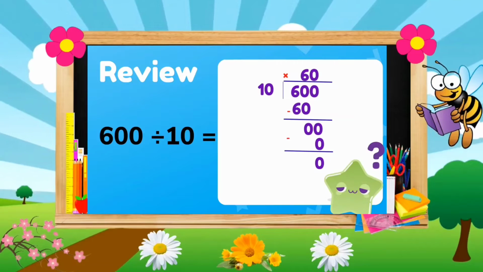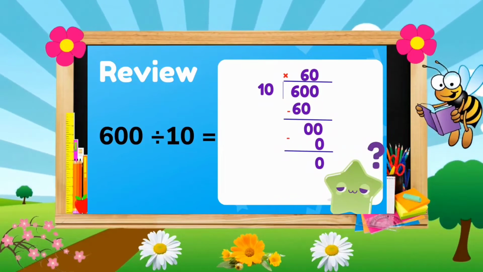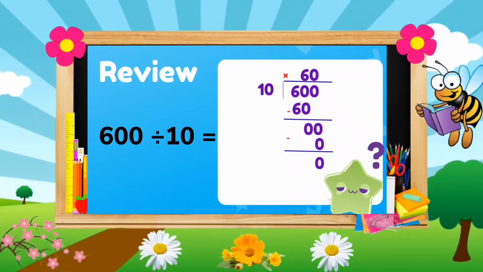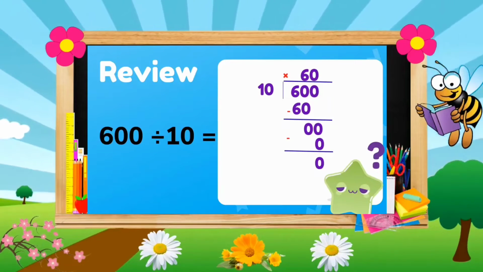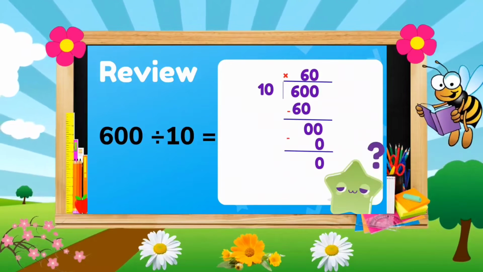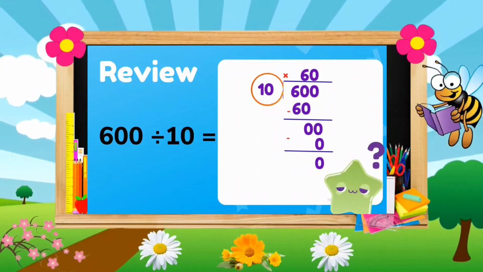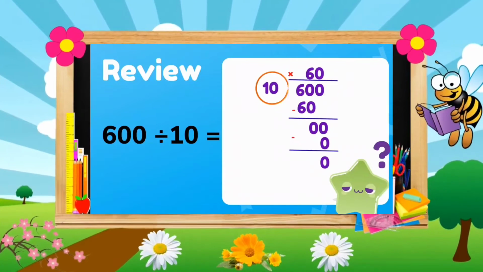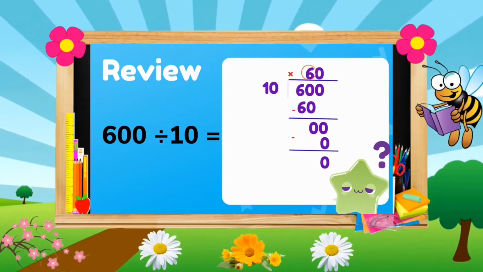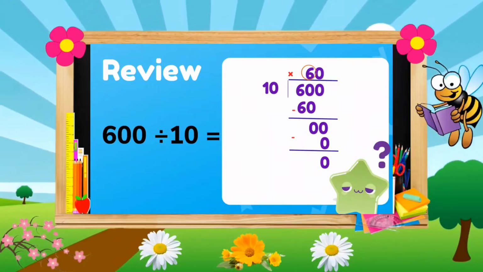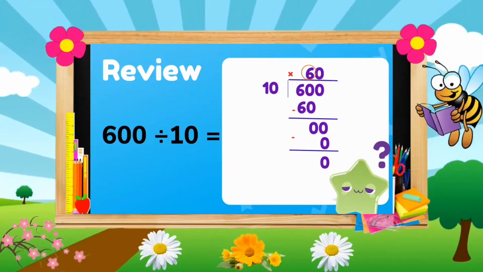So 60 is greater than 10. If the first two digits in the dividend are bigger than the divisor, divide the partial dividend, which is 60, by the divisor 10. So 60 divided by 10 is equal to 6. So we will write the quotient 6 above 0.